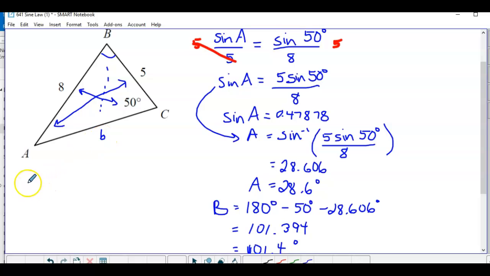Now we're looking for a side, so the b is going to be in the numerator here, and then it's going to be over sine of 101.394. That way, I've kept some decimal places. We can probably on our calculator go back and use more decimal places, but at least we have 3 there, and that's why I kept it. And then the ratio we do know is 8 over sine of 50.